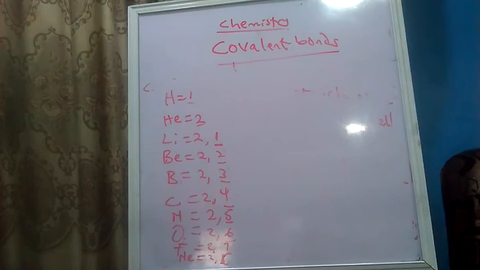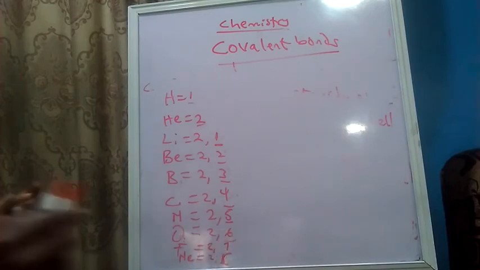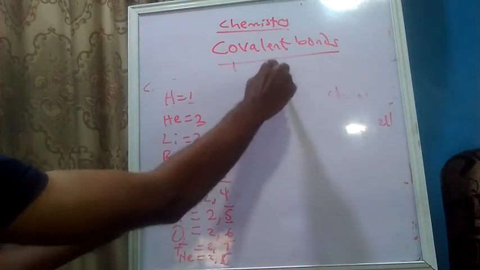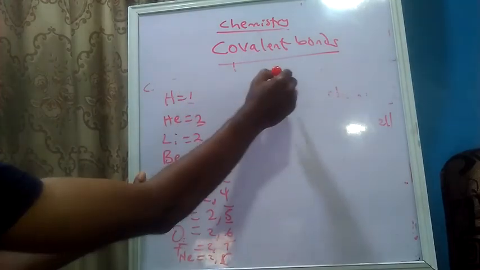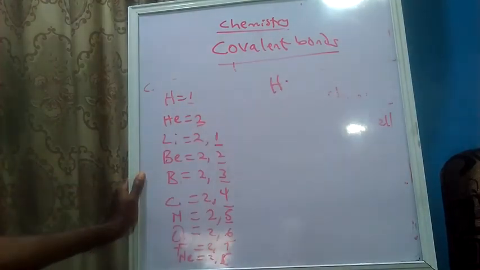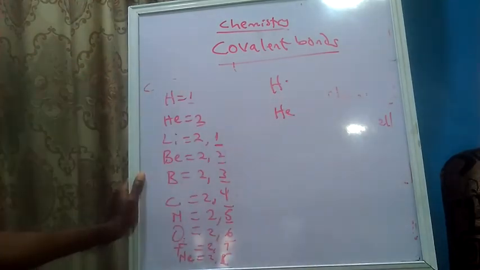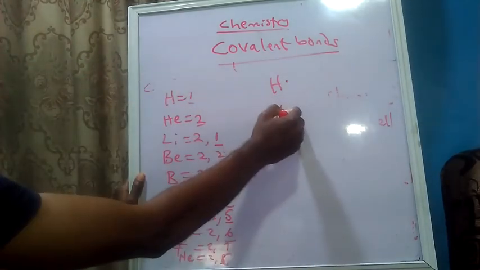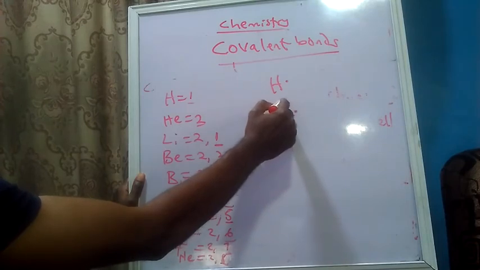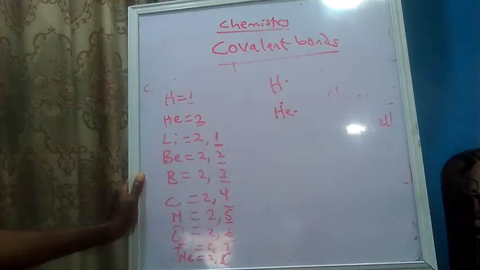So there is a pattern of writing this. You start from the right hand side of the atomic symbol, you go up, you go left, and you go down. Take note: right, up, left, down, right, up, left, down. Let's take an example. For hydrogen, 1 outer shell electron would mean 1 dot. For helium, 2 outer shell electrons will mean 2 dots, 1 up and 1 right.